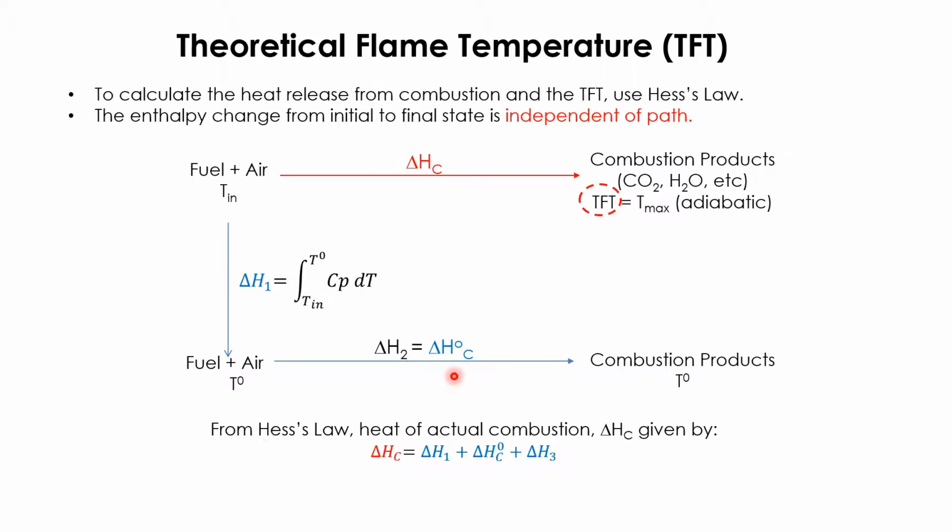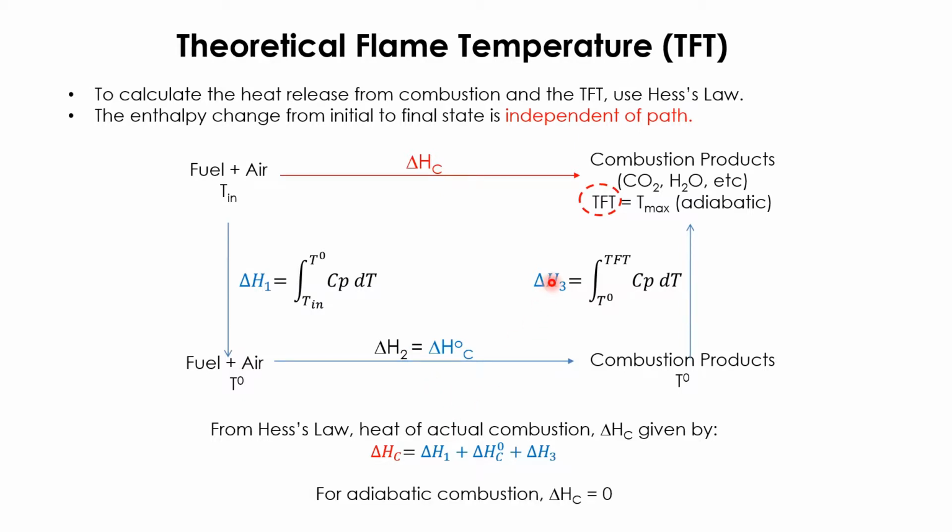Now we have the products at the standard condition, and lastly we need to bring all of the products to the theoretical flame temperature, applying a simple equation: delta H3 equals the integration from T standard to the flame temperature of Cp delta T. From Hess's law, we can write that the overall delta Hc equals delta H1 plus delta H2 plus delta H3.